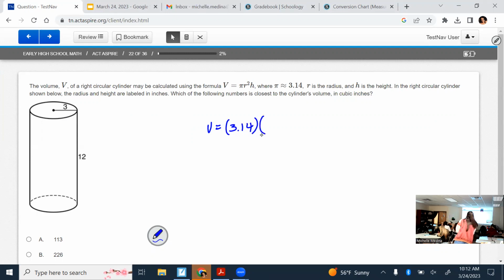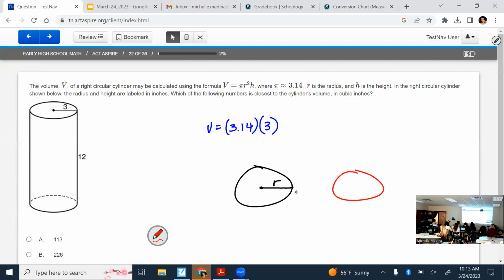What is the radius? And this one, it is 3. If you don't remember what radius means, that refers to circles. It's always the middle to the edge of the circle, so that's your radius.